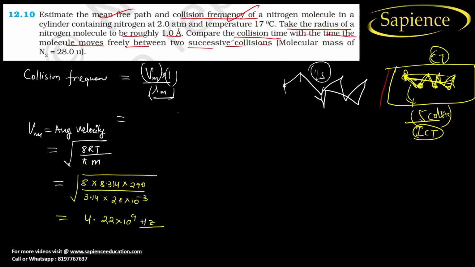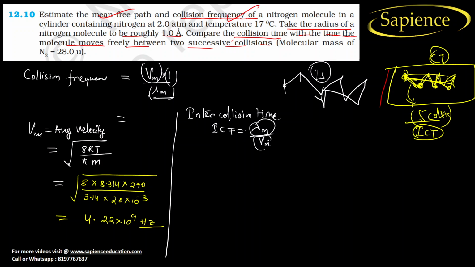So for this we have to write here intercollision time. So ICT is equal to lambda m by Vm, because we are talking about the average velocity. Then only we will get the intercollision time.